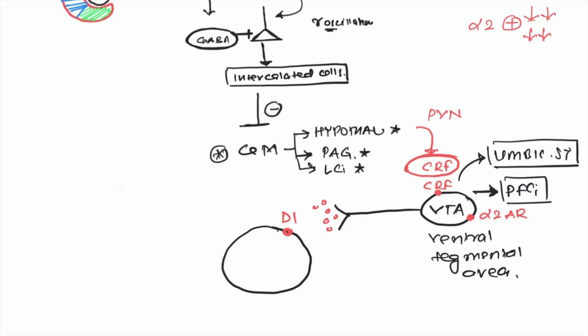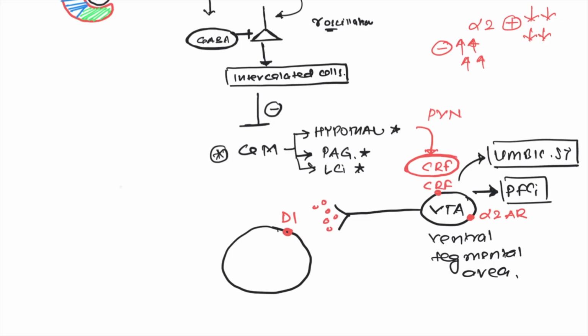On the other hand, when you inhibit them, they will increase the firing of the neuron if present on the somatodendritic region, or increase the release of the neurotransmitter when present on the terminal. Those are autoreceptors, all right?